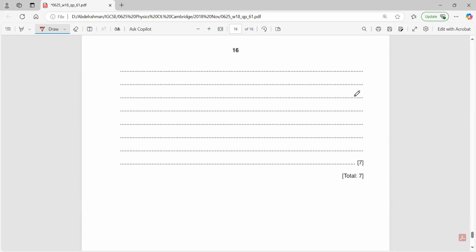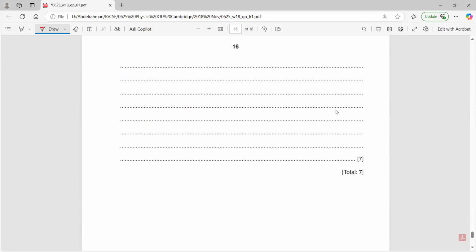Let me go on and write down the conclusion, which is quite systematic. What should we write down in the conclusion? For each value of the independent variable, which is the voltage, what should you do?